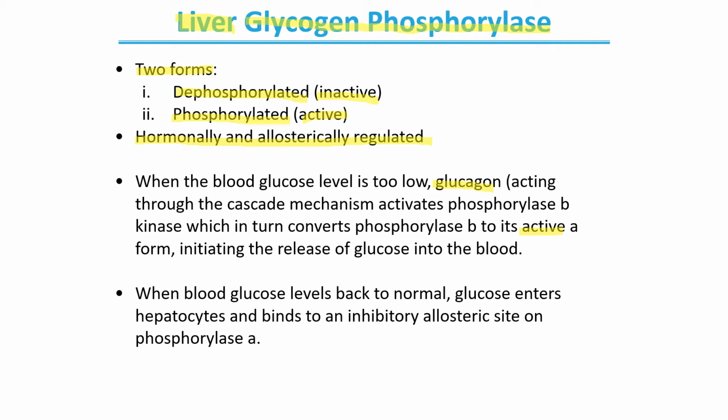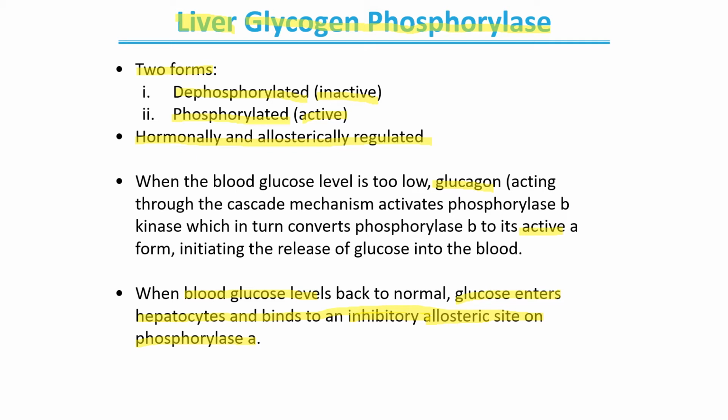Now when the glucose goes back to normal, glucose enters the hepatocyte and binds to the inhibitory allosteric site on phosphorylase A and therefore inactivates it. So the molecule that is going to allosterically inhibit this enzyme is this time glucose itself.